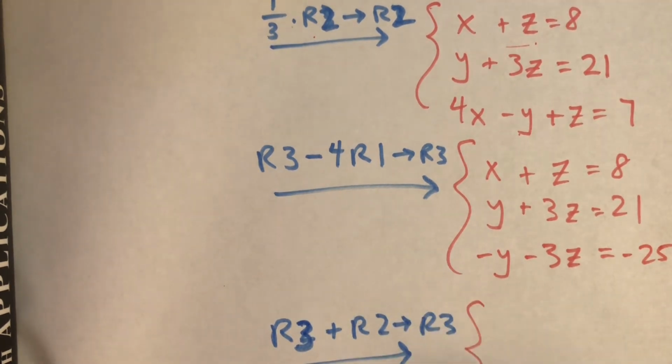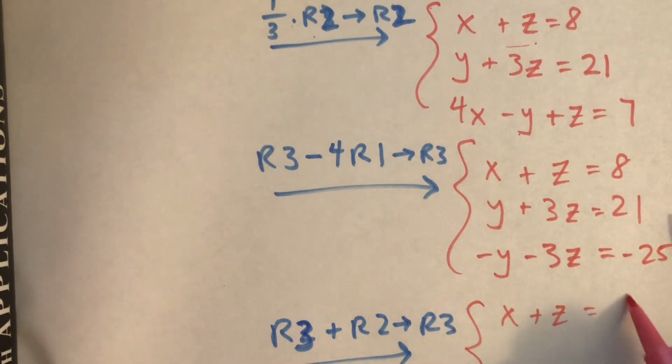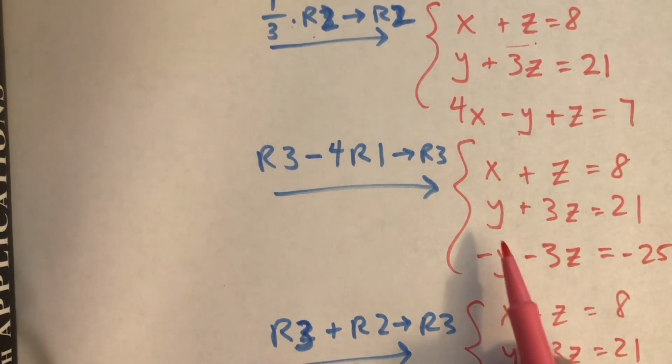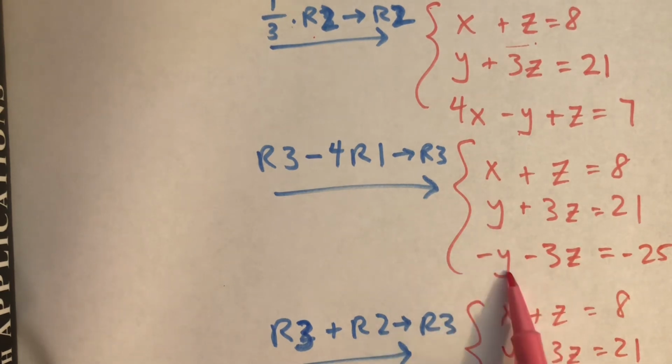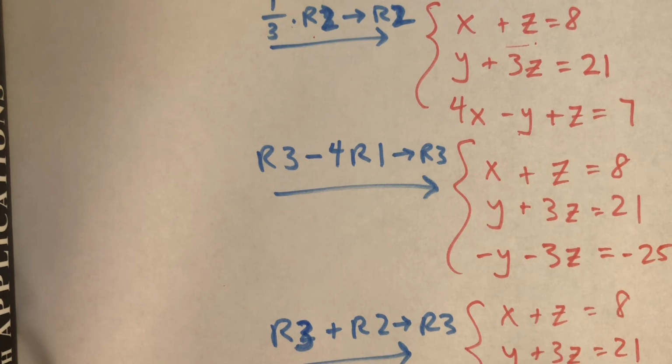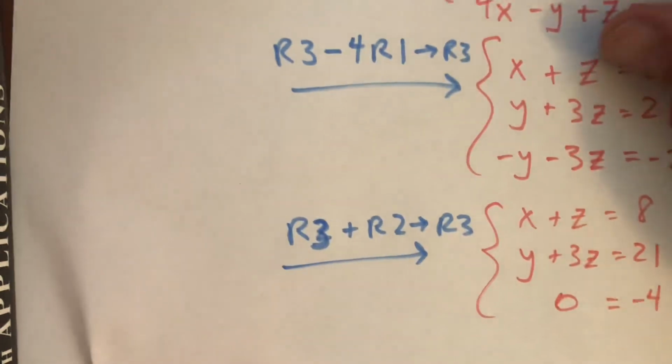Okay, so then we've got x plus z equals 8, y plus 3z equals 21. And then this one, if I add together row 3 plus row 2, those guys cancel out, those guys cancel out, and these leave us with a negative 4. So that is, whoops, off the screen there.